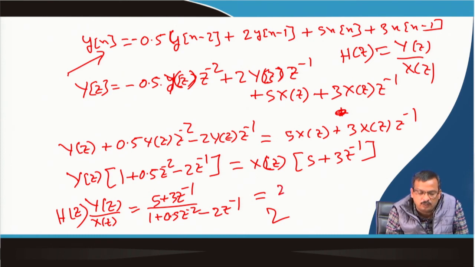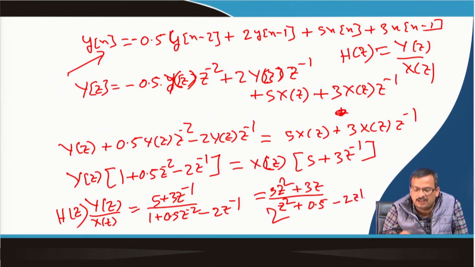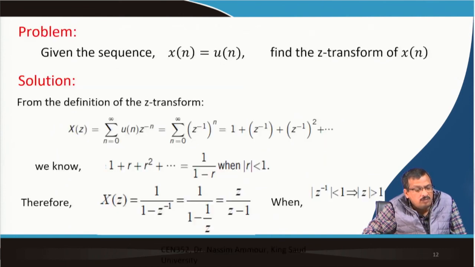So, I can say 5 z square plus 3 z divided by z square plus 0.5 minus 2 z. I can make it positive z. Okay. So, this is the Z transform representation of the transfer function.